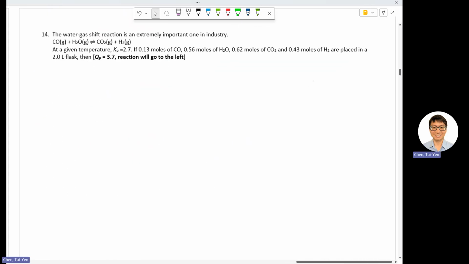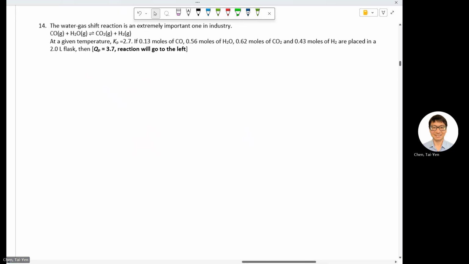Okay, number 14. The following gas reaction, at a given temperature, Kp is 2.7. If 0.13 mole of CO, 0.56 mole of H2O, 0.62 mole of CO2, and 0.43 mole of H2 are placed in a 2 liter flask, then you want to predict how the reaction is going to move.